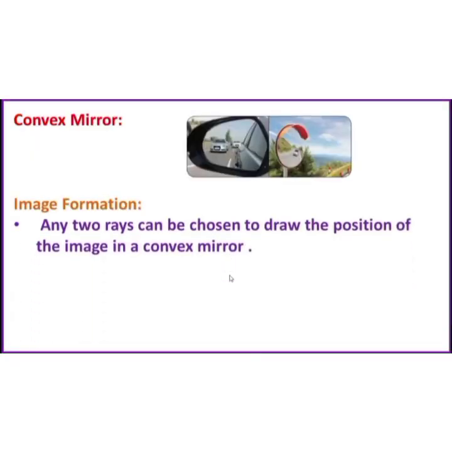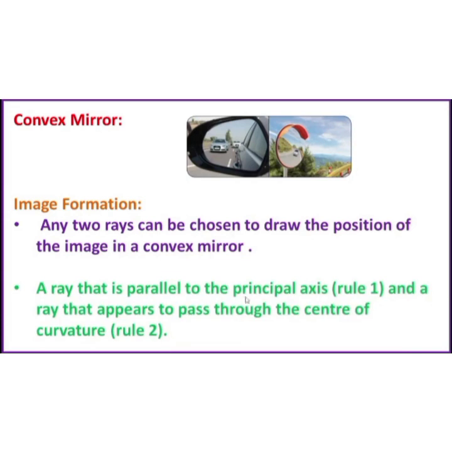Any two rays can be chosen to draw the position of the image in a convex mirror. A ray that is parallel to the principal axis. So we know about the rule: a ray parallel to the principal axis passes through or appears to be coming from the principal focus after reflection.